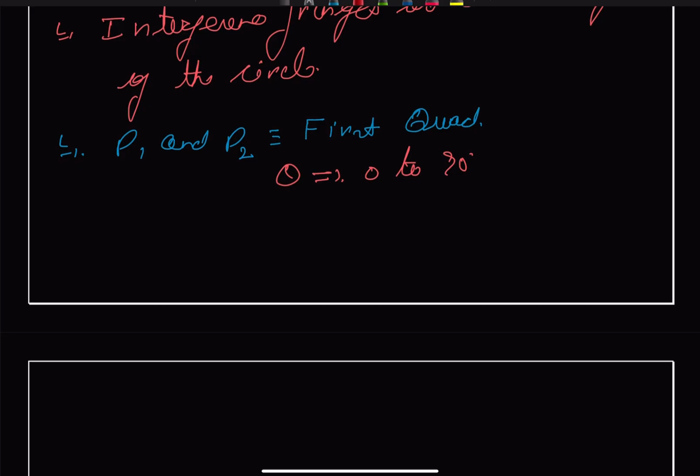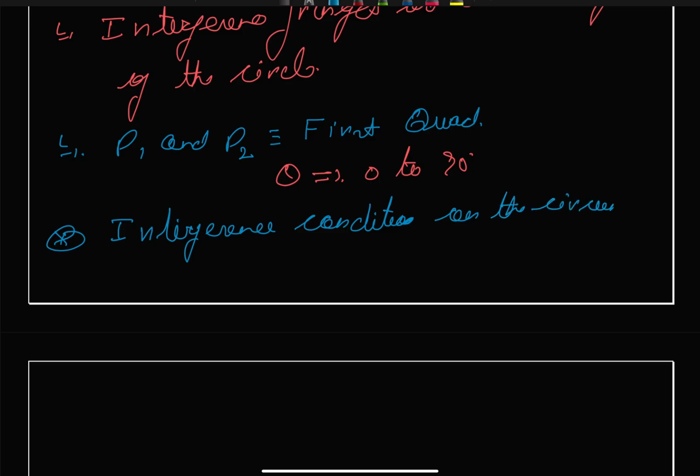So let us find out what will be the interference condition at an angle of theta from the center axis, on the circumference of the circle.